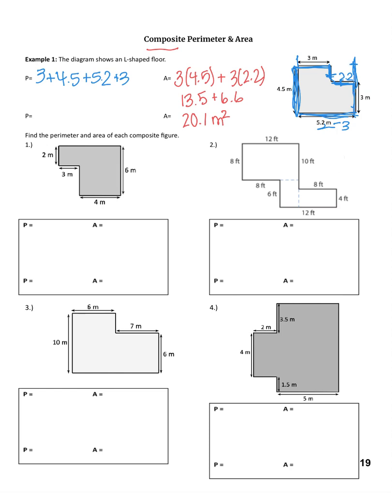If this is 3, I subtract and get that this side is 1.5. So now I add plus 2.2 plus 1.5, and I should have 1, 2, 3, 4, 5, 6 dimensions, and I do have 6 dimensions, so that's good. Adding them together gives 19.4 meters.